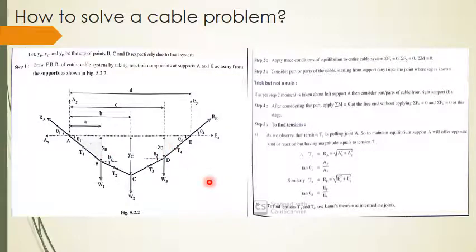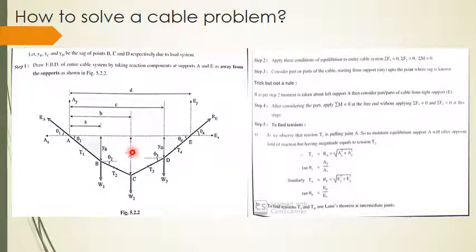Now if we observe how many reaction components are there, 2 hinge supports, 2 reaction components each, so 4 unknown reactions will be there, but we have only 3 conditions of equilibrium. That means we can only find 3 reactions out of this. So first we apply the conditions of equilibrium to the entire cable. With that we can find out the values of AY and EY or a few values, and then we apply wherever the dip is given.